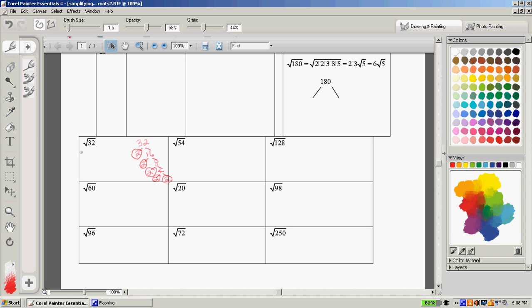my most simplified numbers. And I'm going to rewrite the square root of 32 as the square root of 2 times 2 times 2 times 2 times 2. Oops, I'm running out of room. These two have twins or buddies, so they're going to go outside the house. So then it's going to be 2 square root of 2 times 2 times 2.